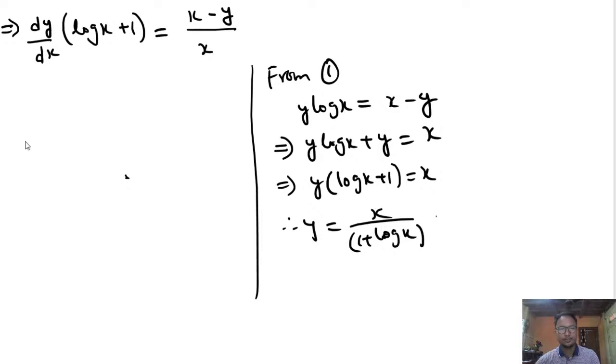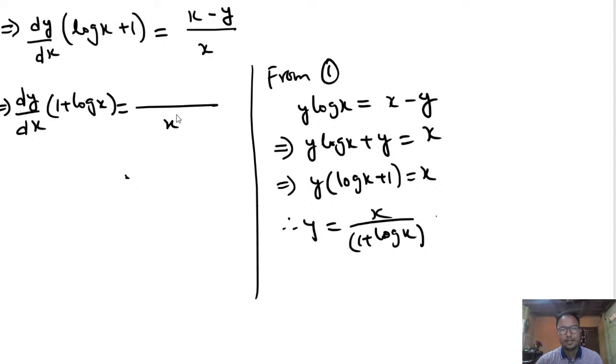So we have dy by dx into 1 plus log of x equals x minus y, that is, x divided by 1 plus log of x. Okay.